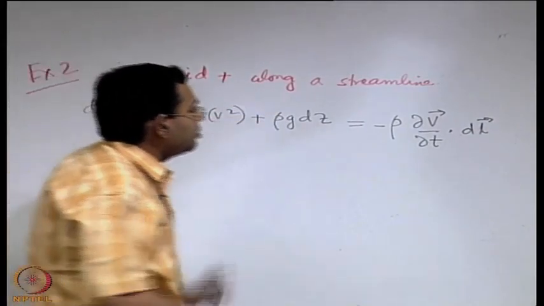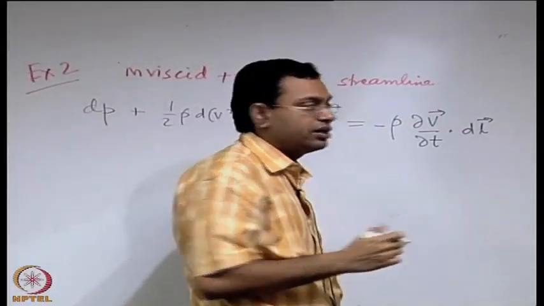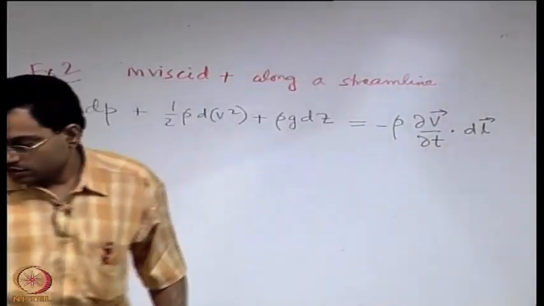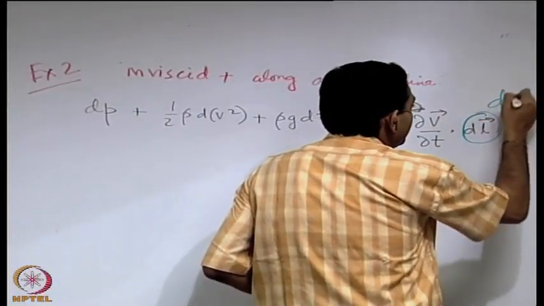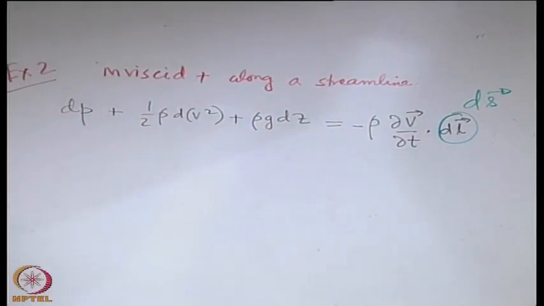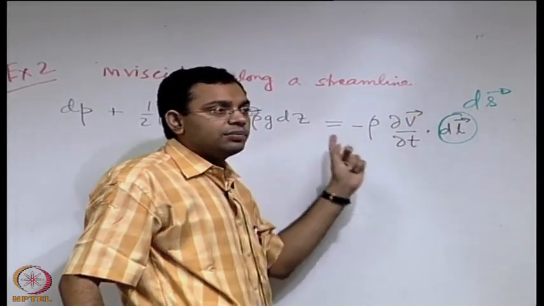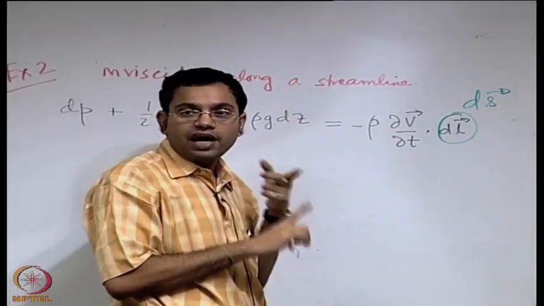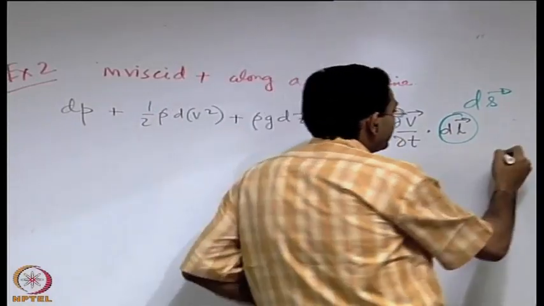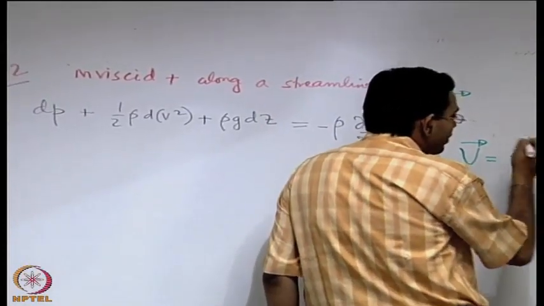Now we have considered along a streamline, so our dl is ds, where s is the streamline coordinate. We will subsequently write special forms of the Bernoulli's equation using the streamline coordinates, but for the time being let us say that we are considering this as the streamline direction, so we call it ds. Now when we are considering the streamline, V is already oriented along the streamline, because that is the definition of the streamline. Tangent to the streamline represents the direction of the velocity vector at each and every point. So if you write in terms of the streamline coordinate, let us say that epsilon s is a unit vector in the streamwise direction.